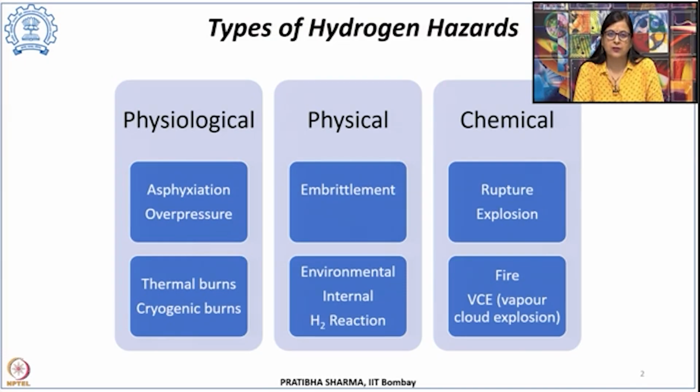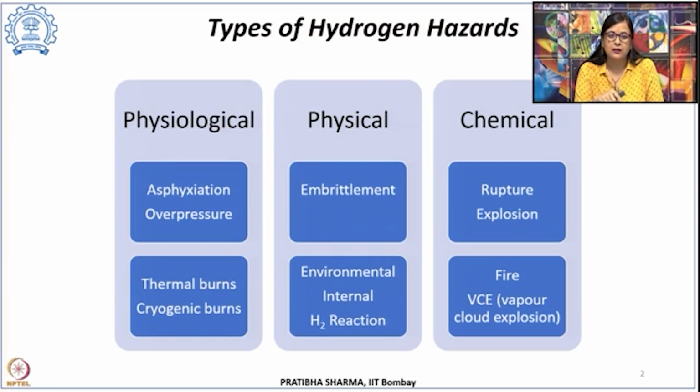Now among the physiological hazards, if a person is present at either a hydrogen leak or at a hydrogen fire or explosion site, then because of the flammable mixture of air and oxygen resulting into ignition and then leading to fire, explosions or maybe leakages, that could cause severe injuries to the person.